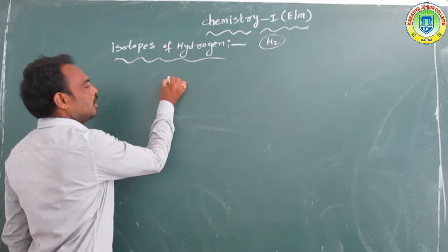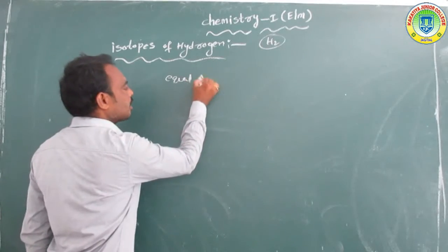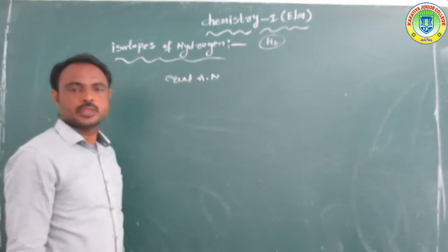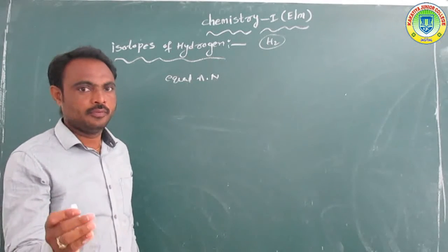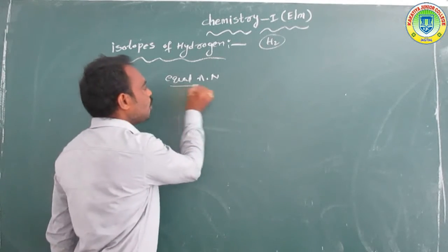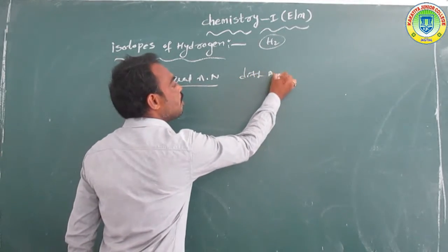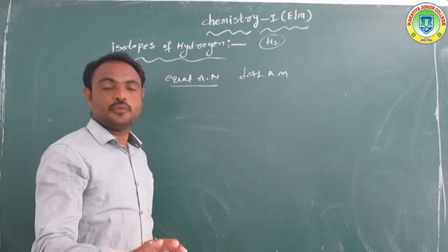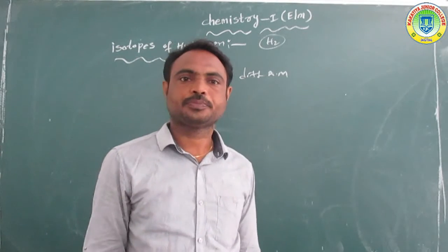Overall, an element that contains equal atomic number but a different atomic mass exhibits isotopes. That type of element exhibits isotopes.